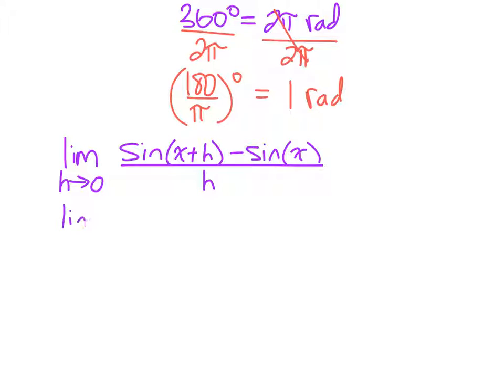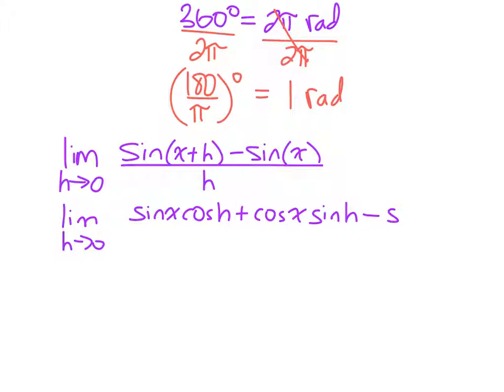So we're still approaching 0: sine x cosine h plus cosine x sine h minus sine of x, all over h.